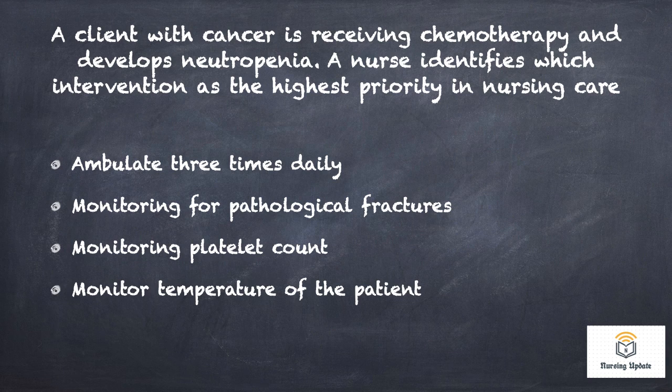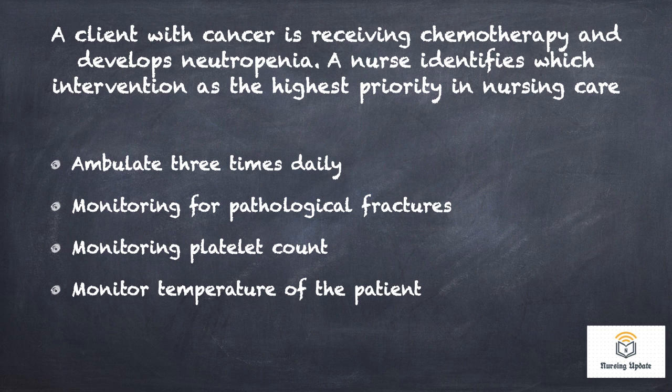There are many grades: grade 1, grade 2, grade 3, and it can become 0 also. They do a specific test called ANC, absolute neutrophil count, in the hemogram. That gives you the idea of whether the patient is neutropenic or not.